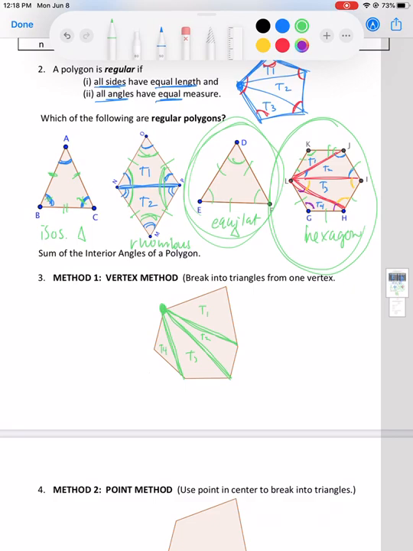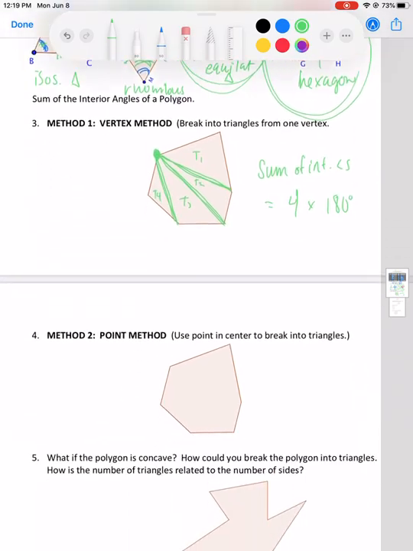And when you break them up into triangles from one vertex, you can count the number of triangles and then multiply that by 180 to find the sum of the interior angles. So with this one, we have 4 groups of 180 degree sets of angles.